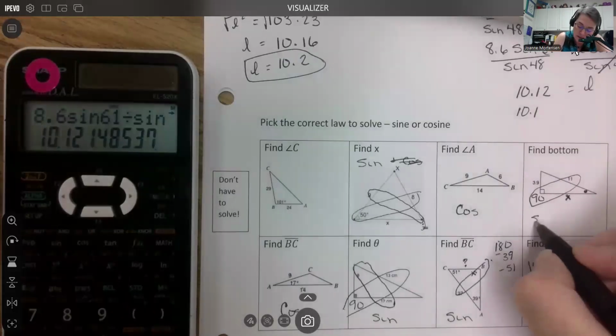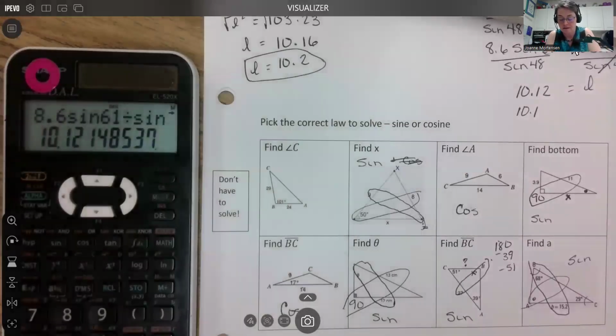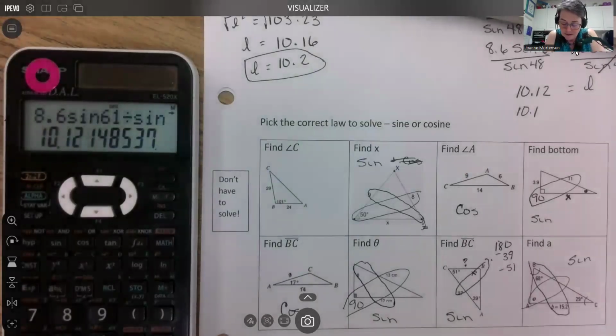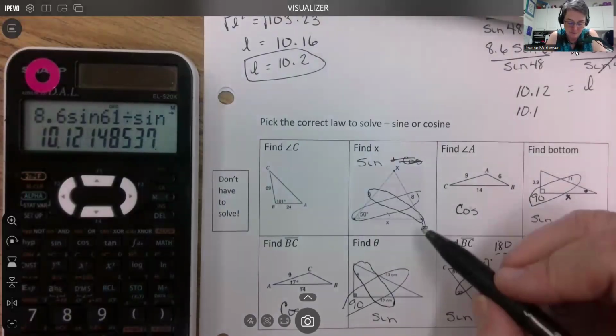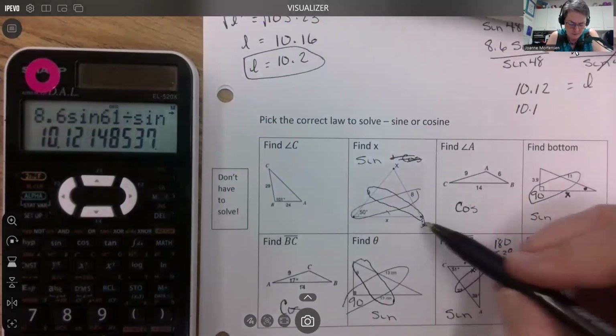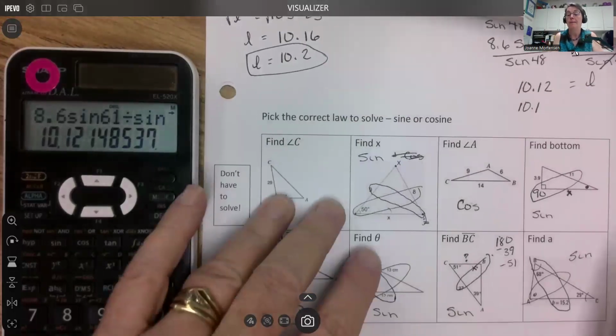I could use my sine law, and then I could calculate this and use sine law again. Why does my brain keep saying side angle side? I don't know. Sine law, sine law. And this one we're just going to say is messed up because we're missing, I think, a data point from there.